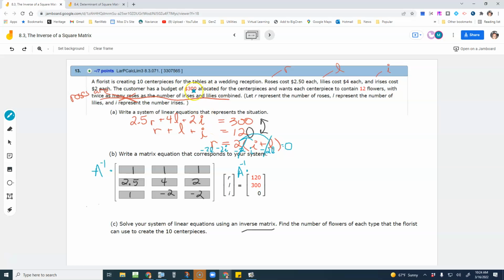It's not saying the number of irises and lilies are twice as much as the roses. It's saying that the roses are twice as much as the irises and lilies. Does that make sense? In your brain, you could just think, does this mean I have more roses, or more irises and lilies? Whichever one it's more of, put the double on the other side. Yeah, okay. I understand how you did the other one, but just be careful. It indicates I have more roses.